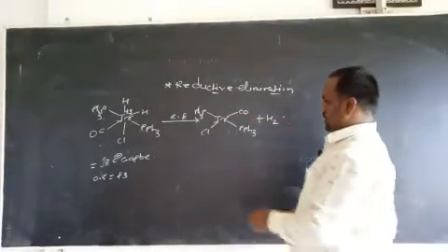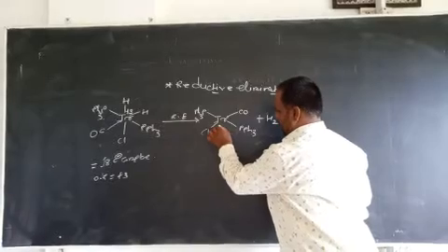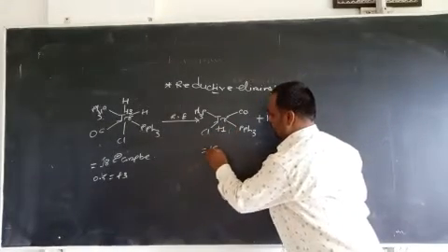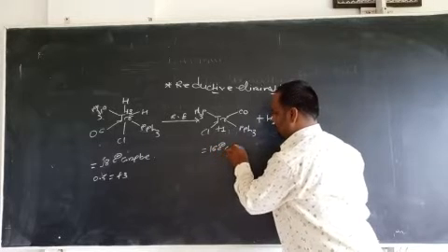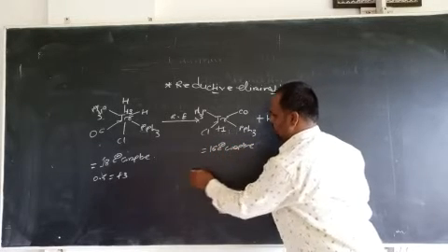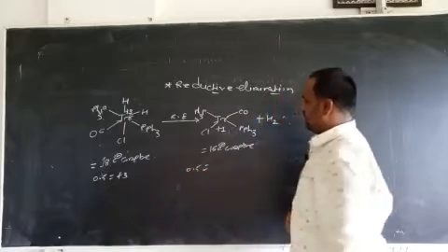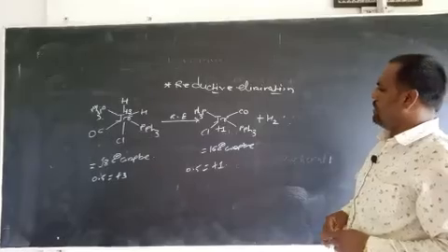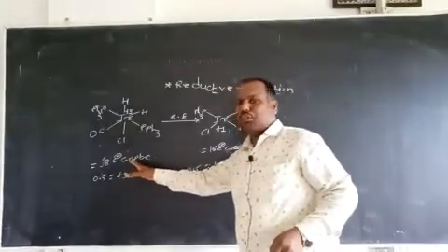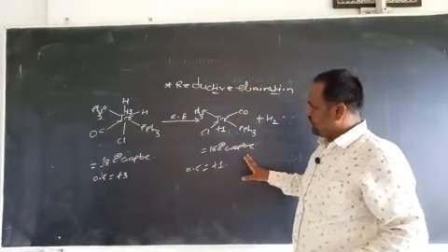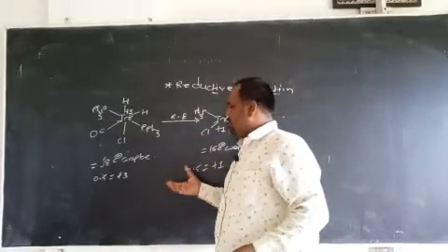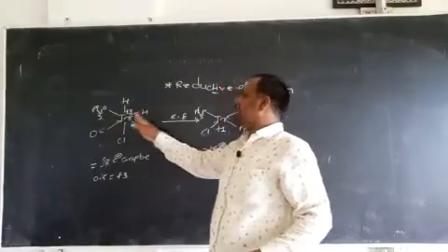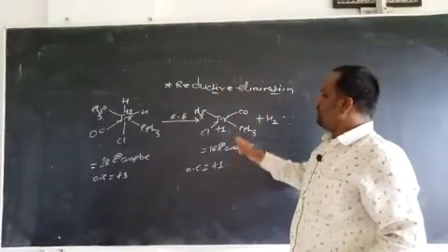In this case, the oxidation state of iridium is +1, and it is a 16 electron complex. So this is an example of a reductive elimination reaction in which an 18 electron complex is converted to a 16 electron complex. The oxidation state of the metal atom decreases by 2 units. So iridium is in +3, it reduces to +1.